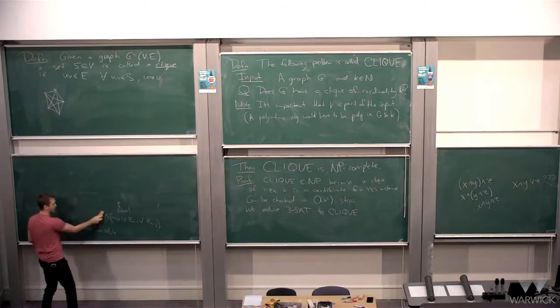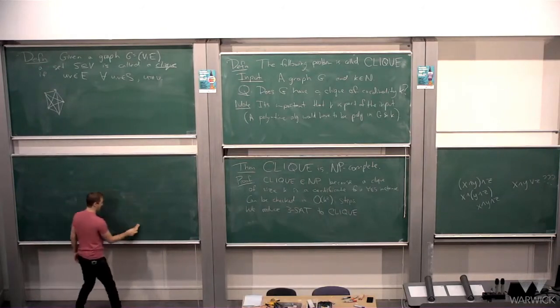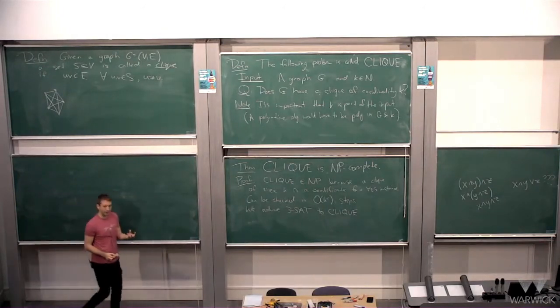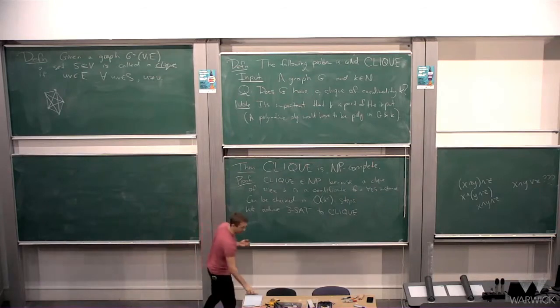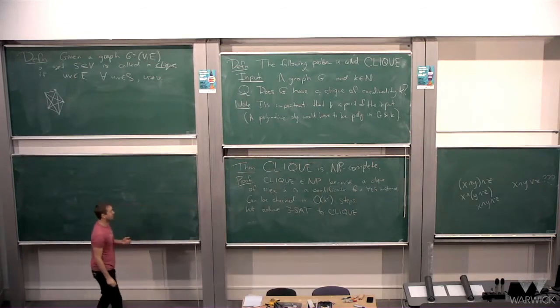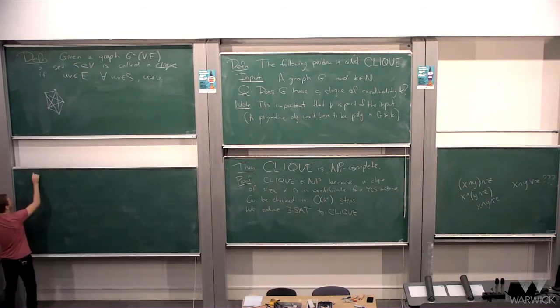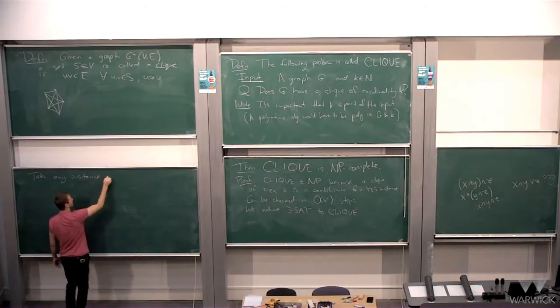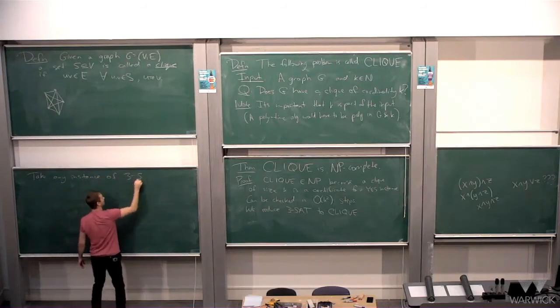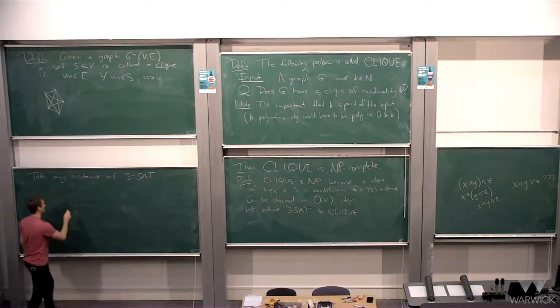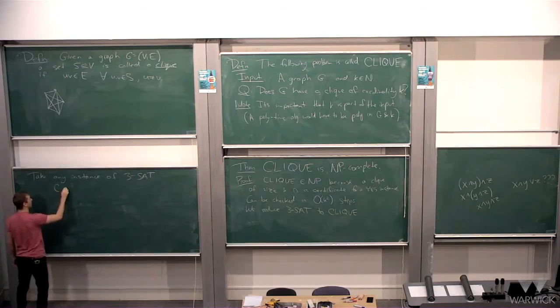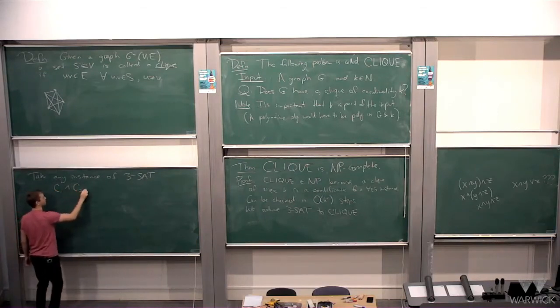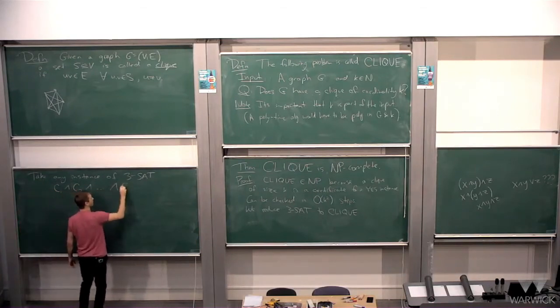The transformation has to be such that the 3-SAT formula is satisfiable if and only if the graph has a clique of size k. So take any instance of 3-SAT. It looks like C1 and C2 and so on up to Ck, where each of these is a clause.